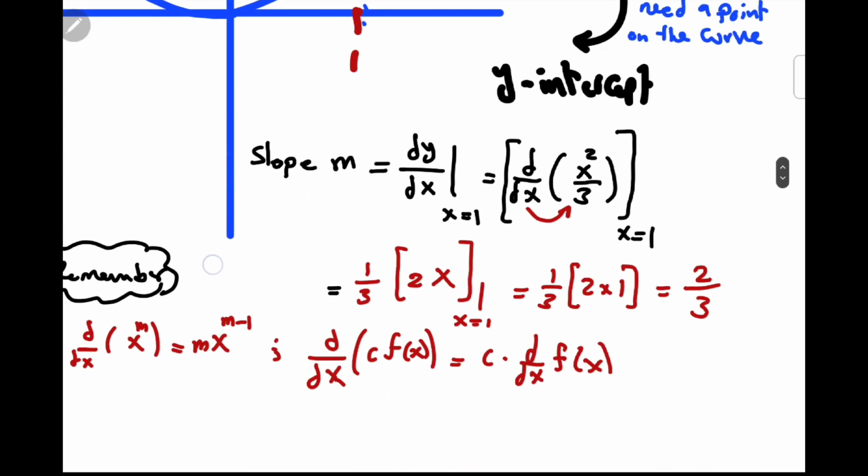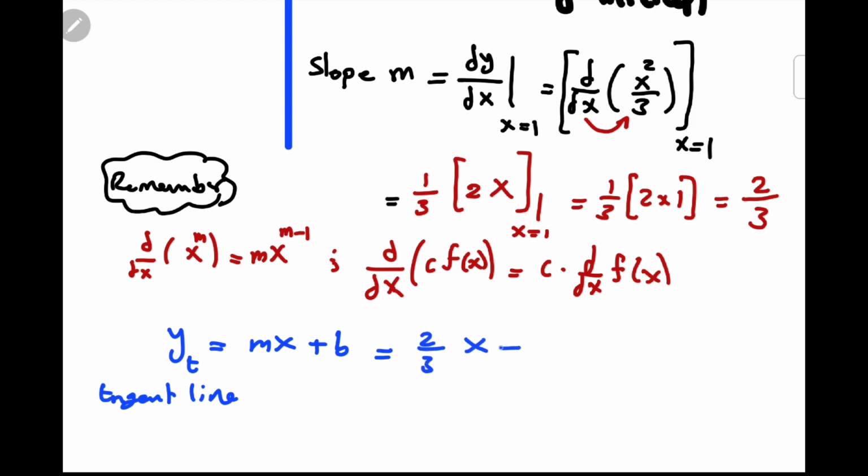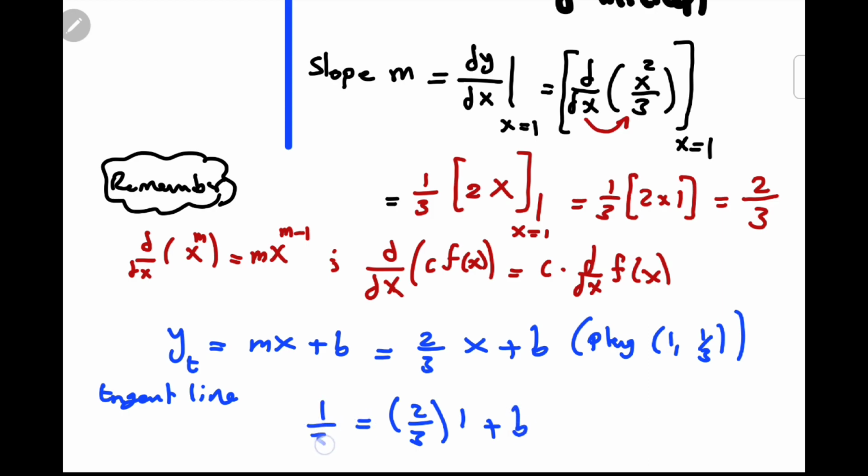So we know that the tangent line equation, we call it yt, is equal to mx plus b, but m is 2/3, so 2/3 x plus b. Now plug in the point, which means that when x is 1, y is 1/3.